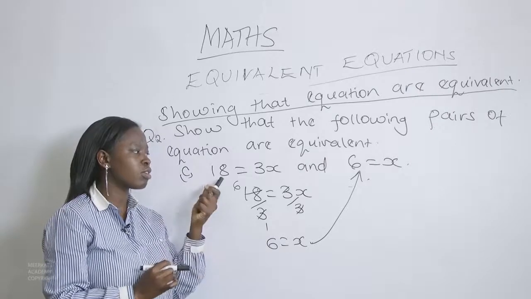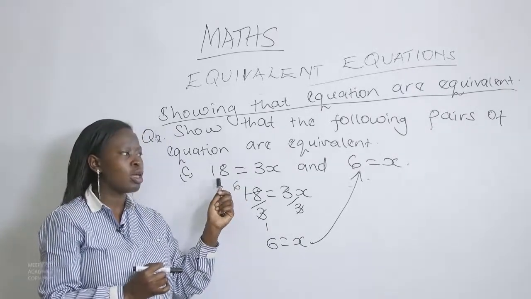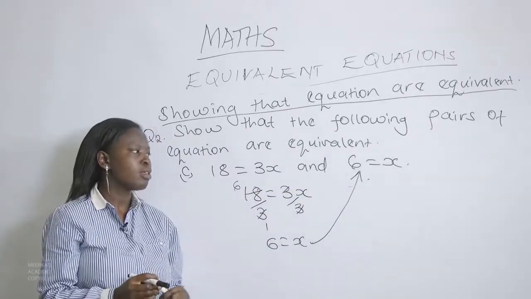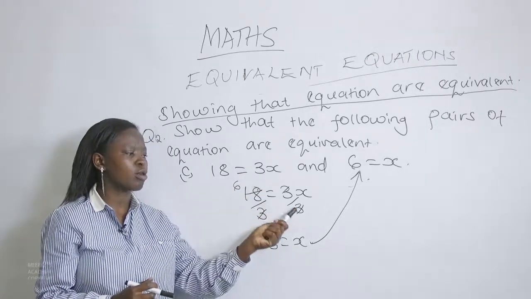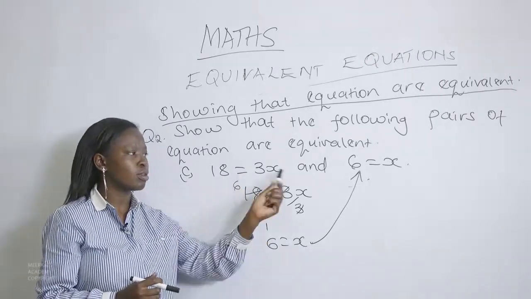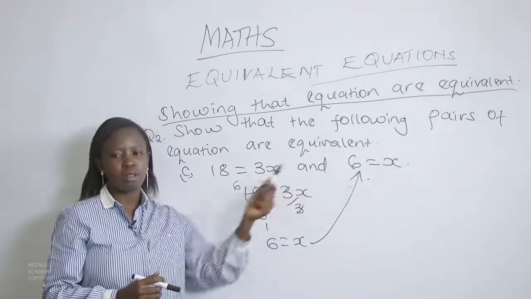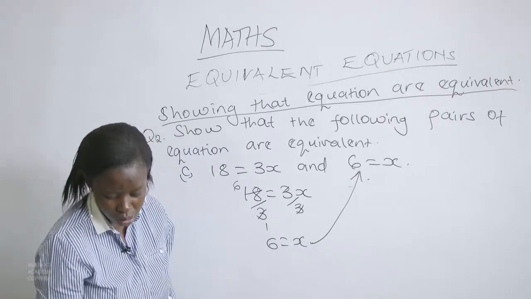So it means that there is a number that I can divide both sides of our first equation by, and I obtain the second equation that has been given. Since it is possible to divide by a number that is not 0, and 3 is not 0, it means that the first equation and the second equation are equivalent equations.